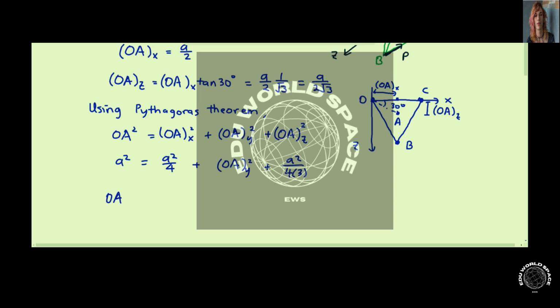So the Y component is the square root of A squared minus A squared over 4 minus A squared over 12, and we get A times the square root of 2 over 3.